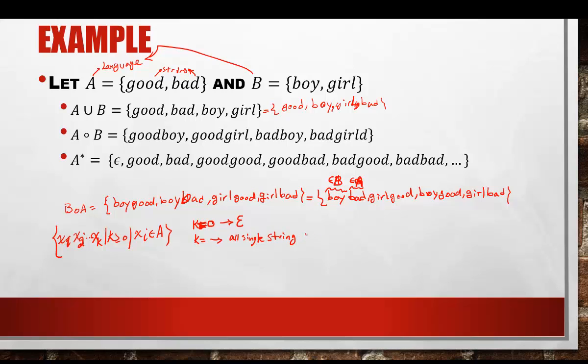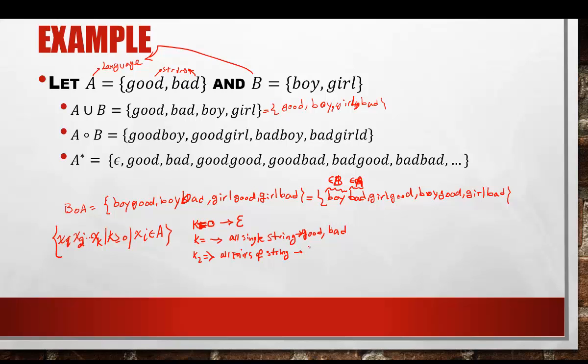So in my case, all of my single strings are good and bad, right? When k is 2, that means all pairs of strings.